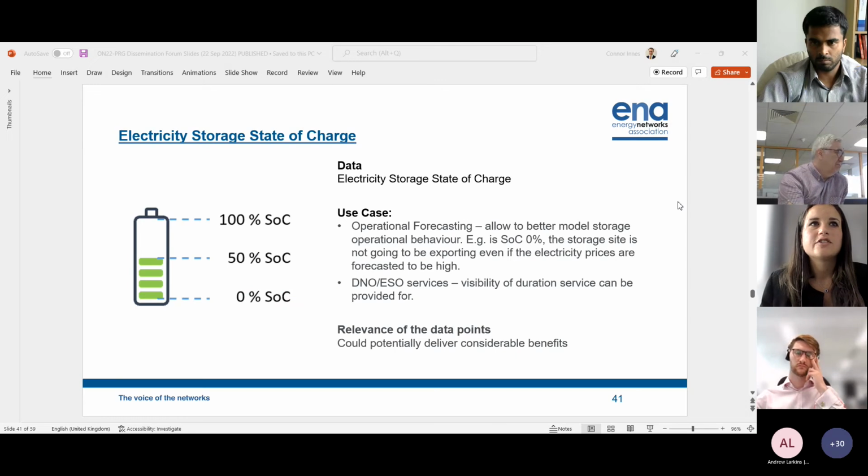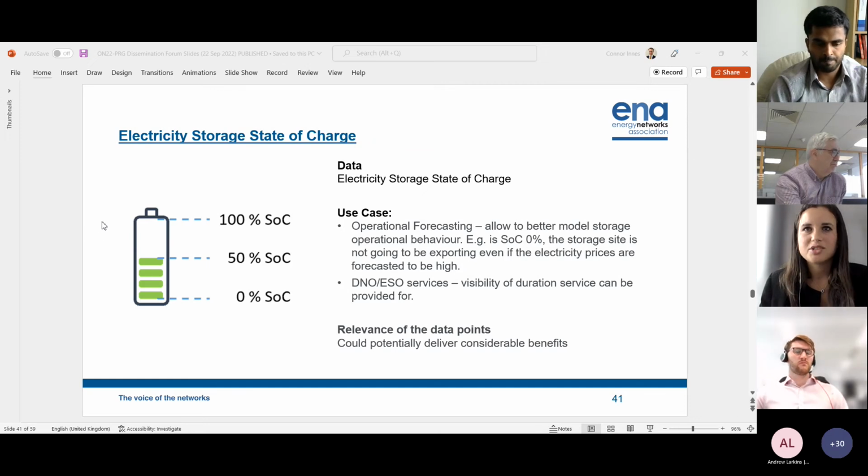Yeah, it is state of charge. So that applies only to electricity storage, of course. So that's how full or empty the battery is. So we have identified two main use cases. So one is operational forecasting again. So having visibility of the state of charge would allow us to better model the operational behavior of electricity storage.